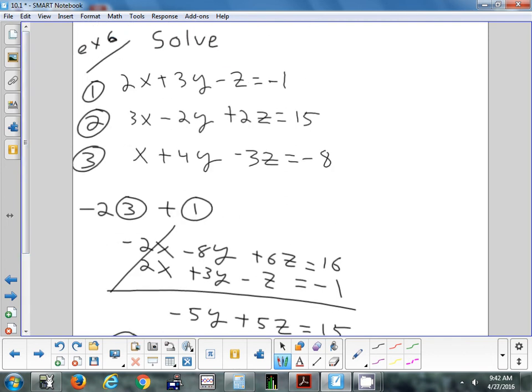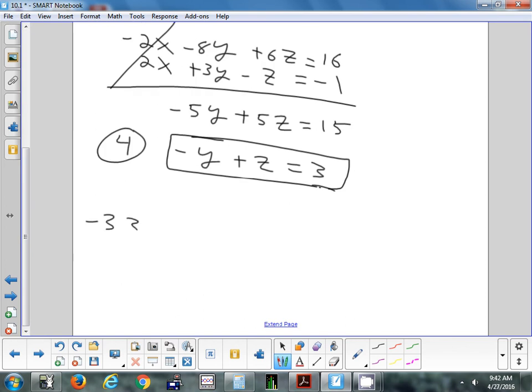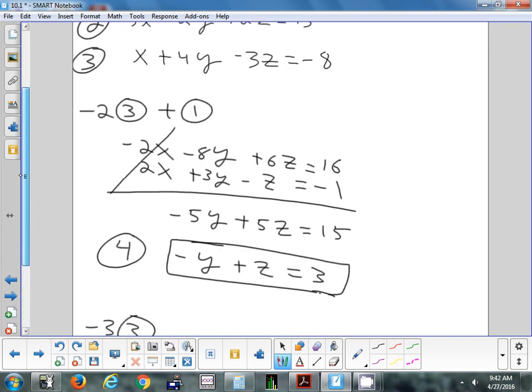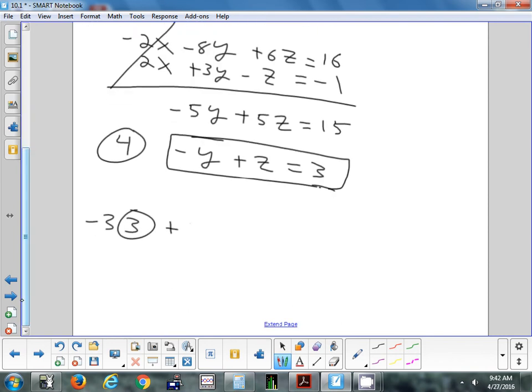Anyone see what I could multiply the third equation by and then add it to the second to make x disappear? Yeah. I'm going to multiply the third equation by negative 3. And then we're going to add it to the second equation. And that'll give me a new equation, which I'll call equation 5.